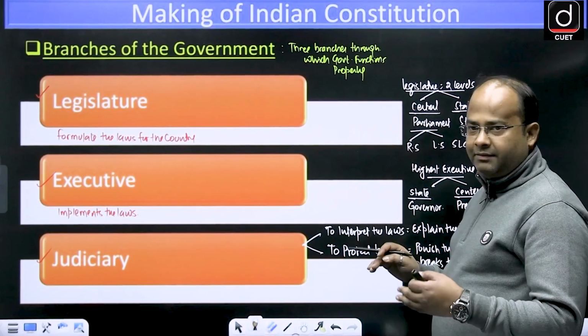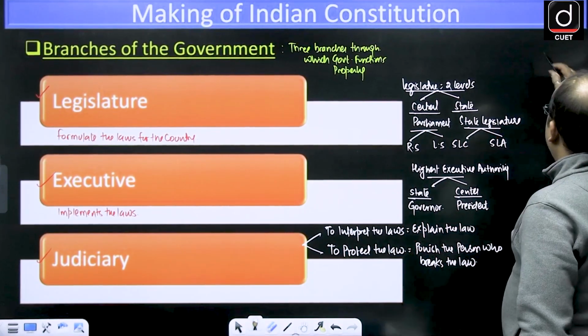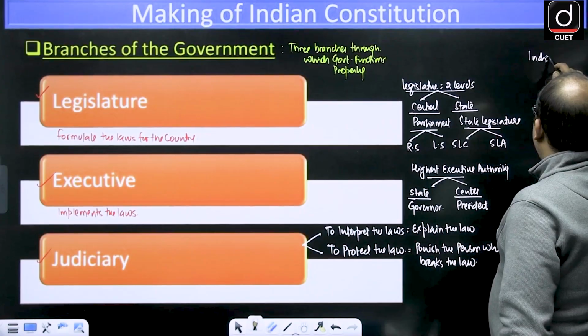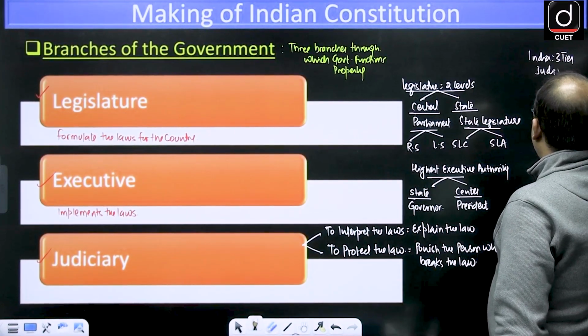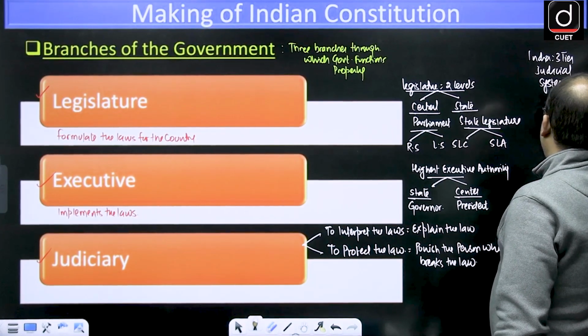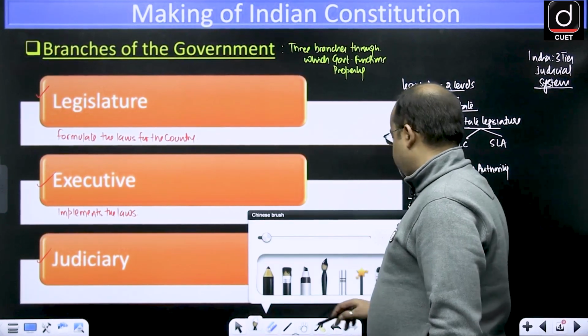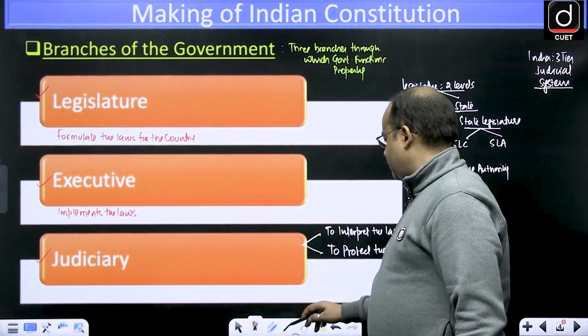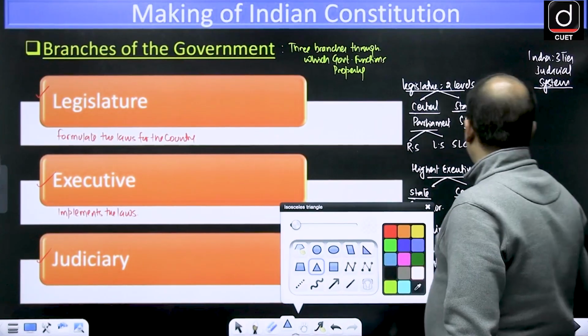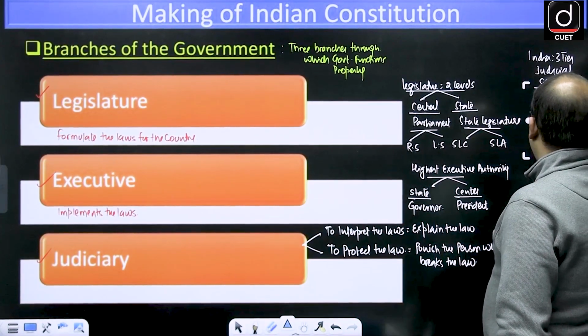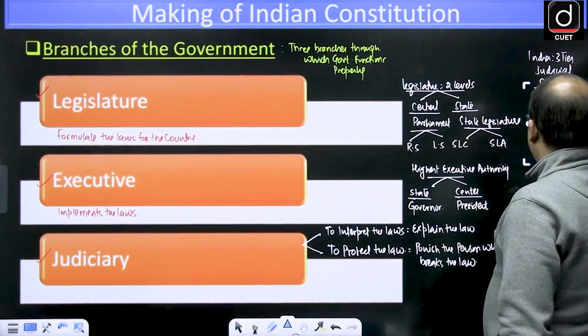And in India we have a three-tier judicial system. Which are those three tiers?